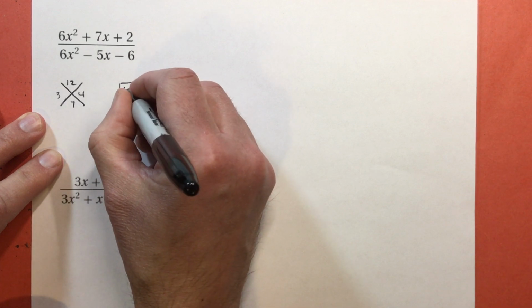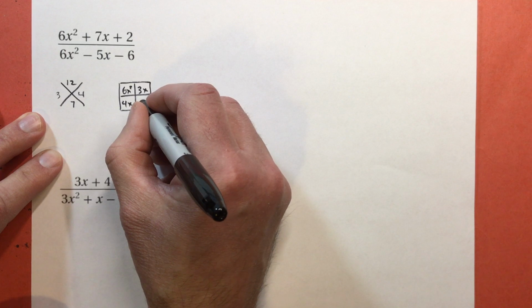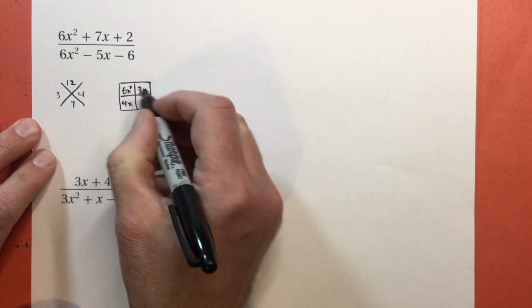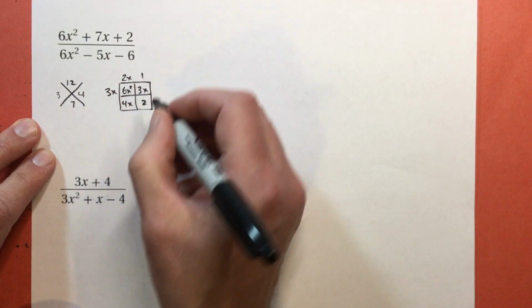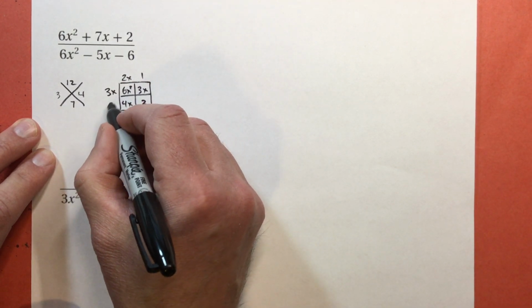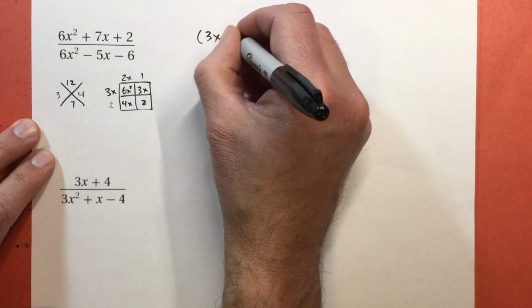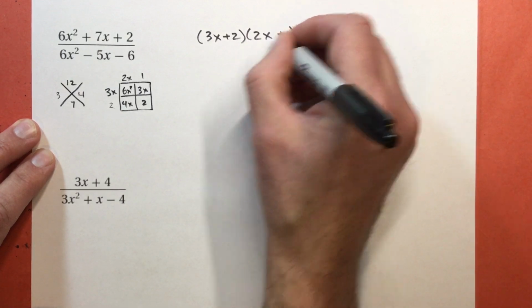I got 6x squared, 3x, 4x, and 2. I'm doing the one on the top. When I factor, I get 3x and 2x and 1, and this is going to be 2. So my factors in the top are 3x plus 2 times 2x plus 1.